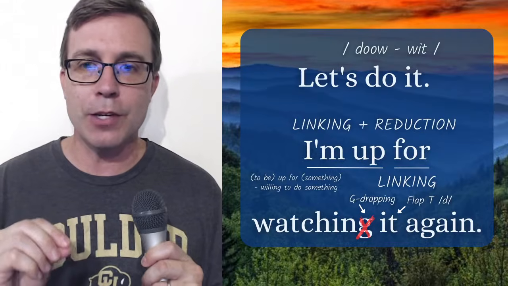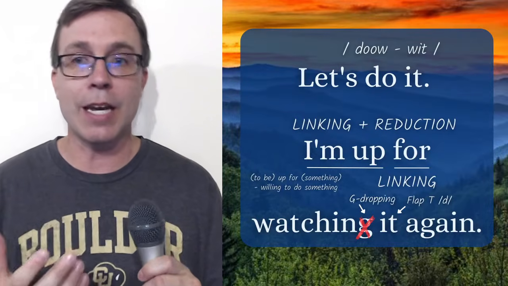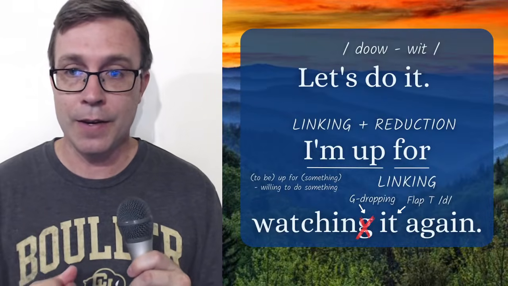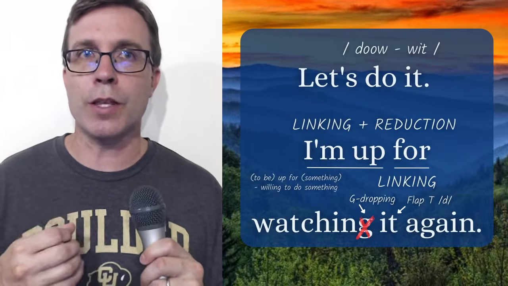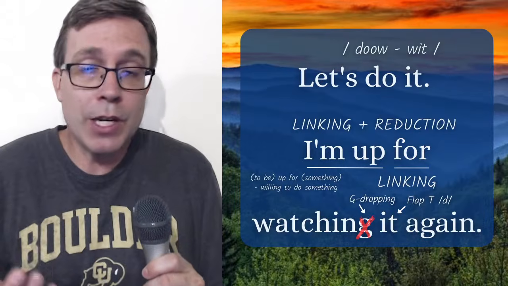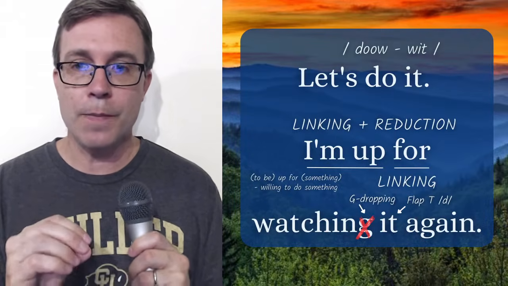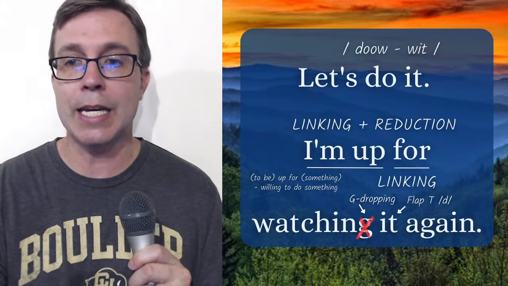So people will drop that G, and then we can link that n sound with the beginning vowel sound of the next word, which in this case is it. The other thing I'd point out, I said it mostly occurs with verbs in the continuous tense. In this case, it's a gerund, which again, it may still happen. So we're going to drop that G, and then we're going to link that final phrase, watching it again.